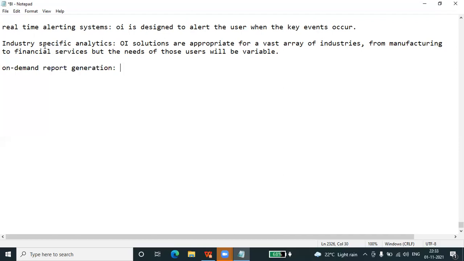The best operational intelligence solutions offer reporting that is accessible to everyday users, not just expert data scientists.